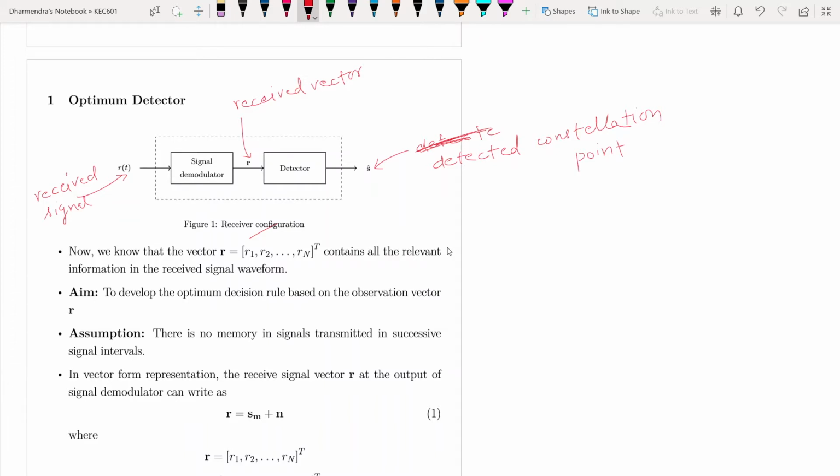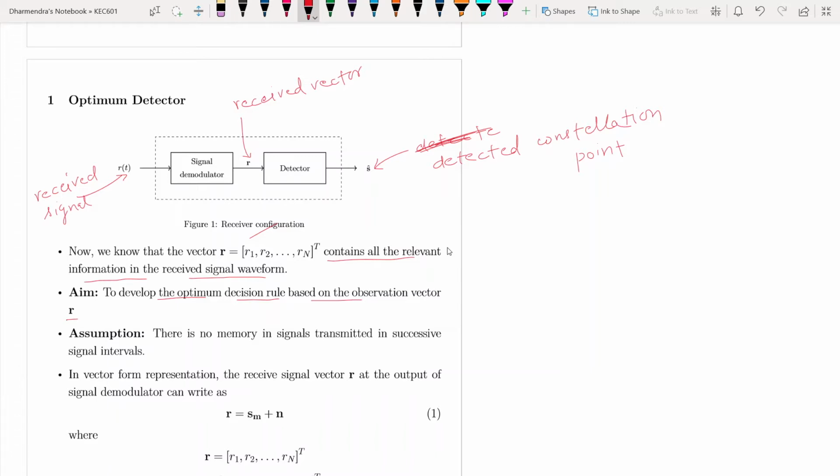So in the previous discussion, we know that this received vector contains all the relevant information in the received waveform. Here our aim is to develop an optimum decision rule based on the observation vector R. The detector will use this optimum decision rule to determine the S hat.